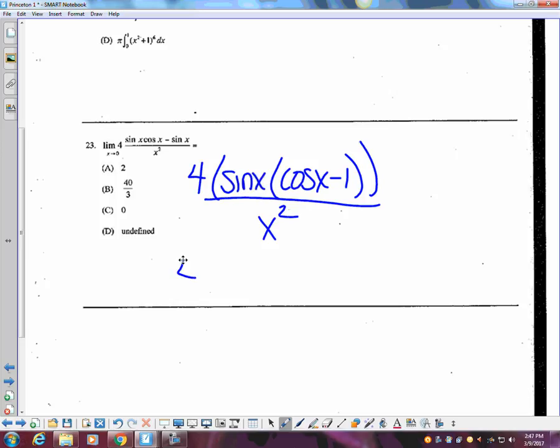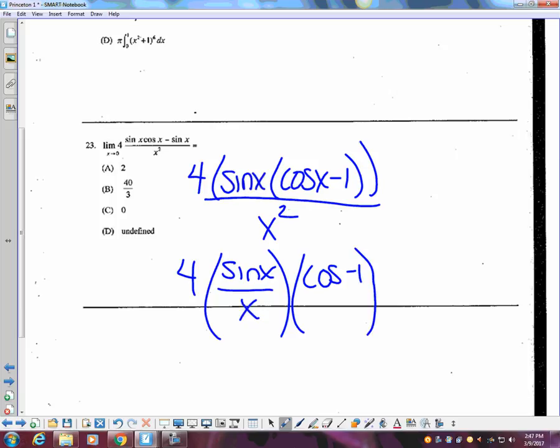Watch what I'm going to do. 4, chilling. Then I'm going to take this x squared, and I'm going to pull one of them and put it under that guy. And then I'm going to pull another one and put him over that guy, or under. Okay, so now I got my 4.